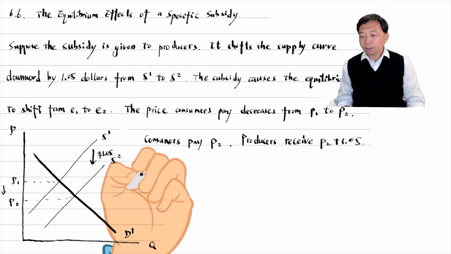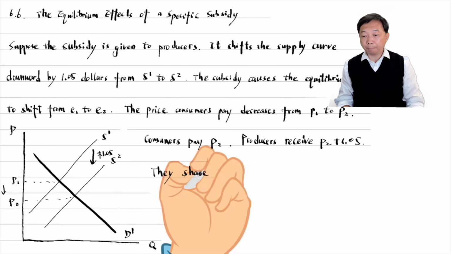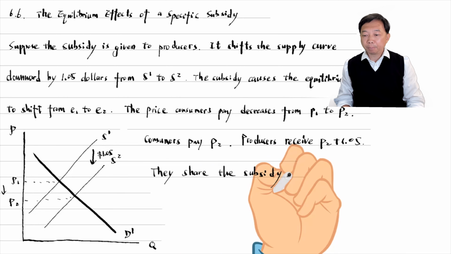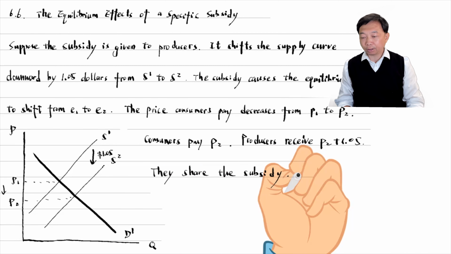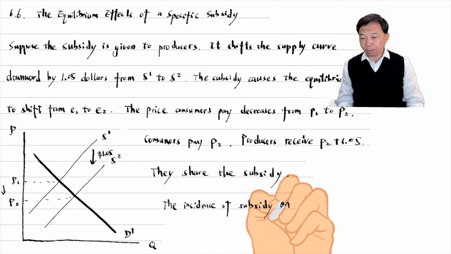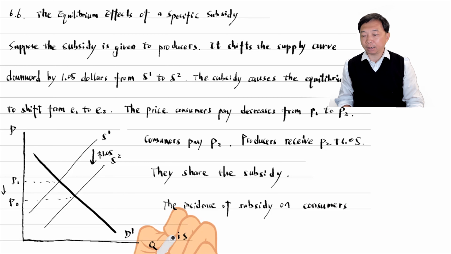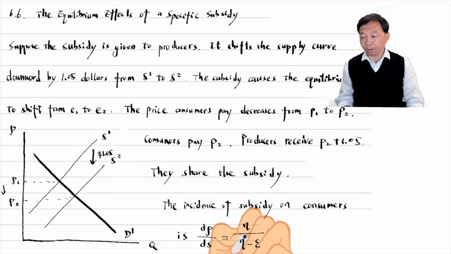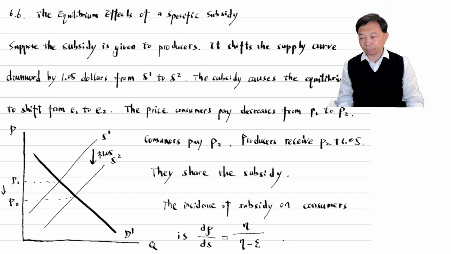The price producers receive is P2 plus the subsidy, which is above P1, so producers also share the subsidy. The incidence of the subsidy on consumers depends on the price elasticity of demand and the price elasticity of supply. The more inelastic, the more subsidy they receive.